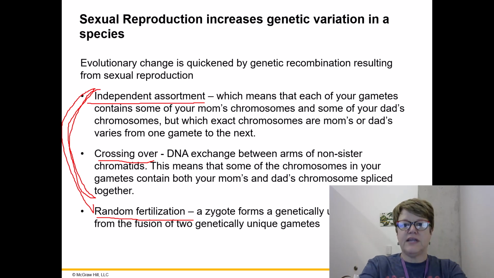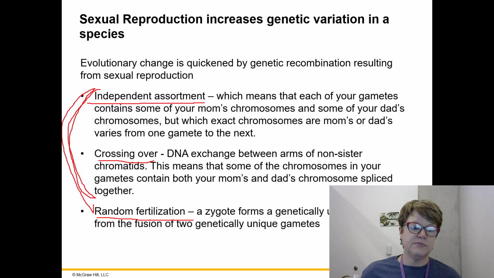So the chromosomes that I pass on to my potential child in the egg, there can be some eggs that have more of my dad's chromosomes than my mom's. And there are some eggs that could have more of my mom's chromosomes than my dad's, because all things are possible.